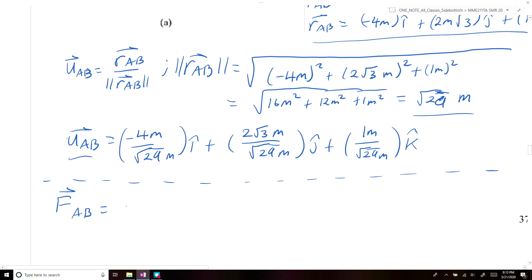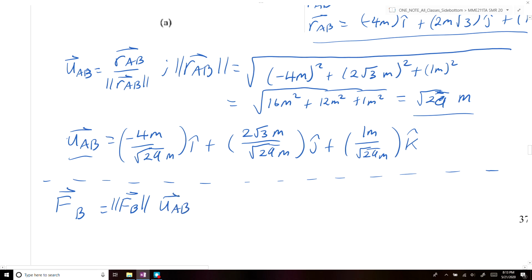We know the vector FAB is the scalar product of the magnitude of FB. Sorry, this should be not FAB but FB. It'll be equal to the magnitude of FB times UAB.